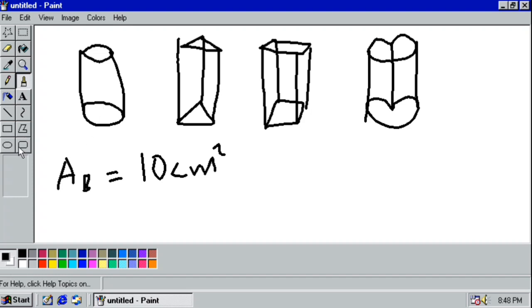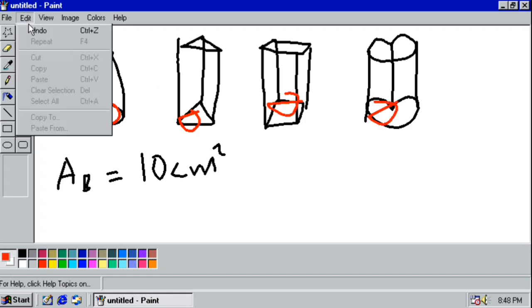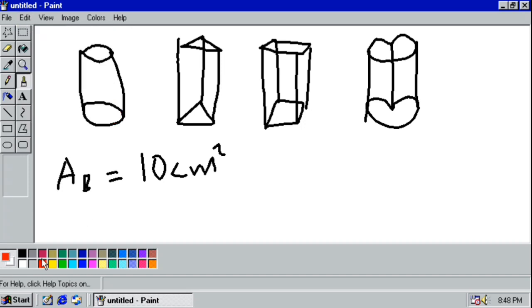So this, and this, and this, all of them have an area of 10 square centimeters.